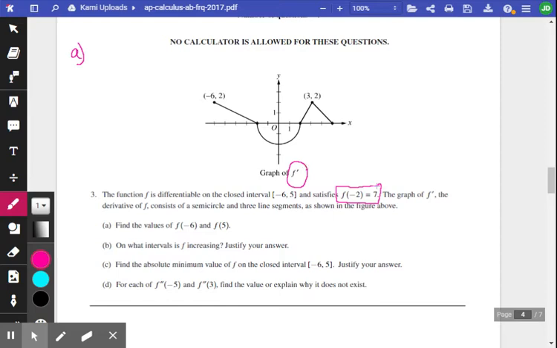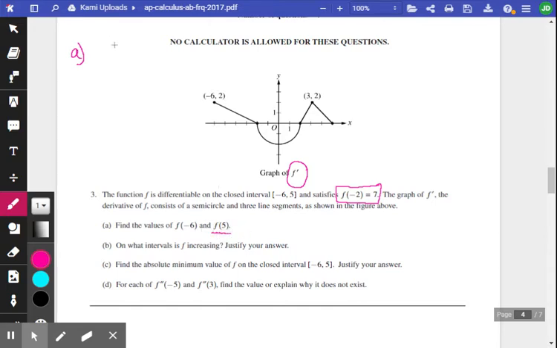To do this, I want to consider this starting information. So I know that f of -2 is 7. I want f of -6 and f of 5. Let's first think about f of 5. It's a little bit easier to conceptualize f of 5.